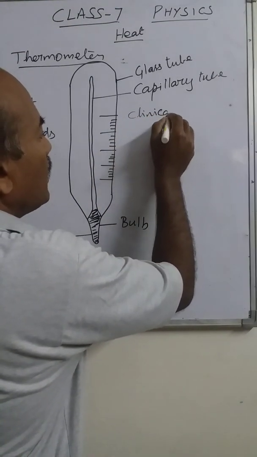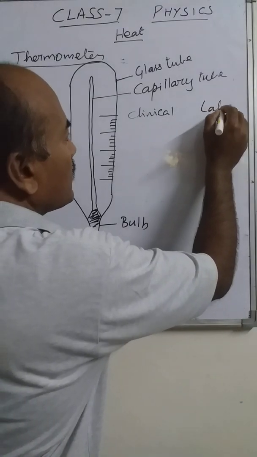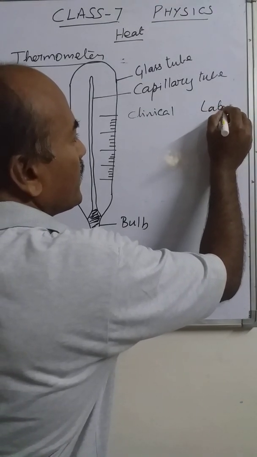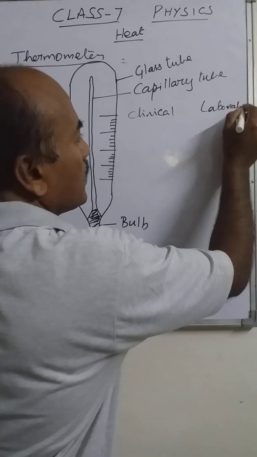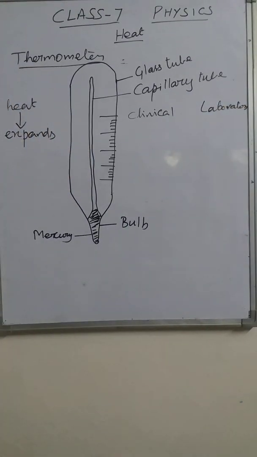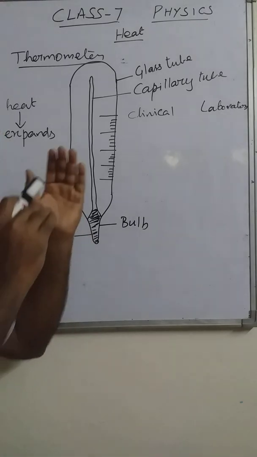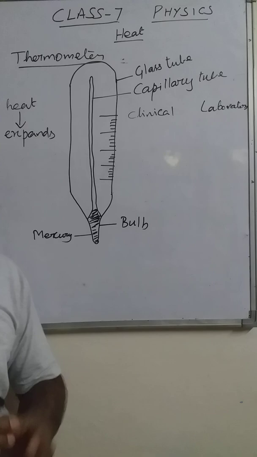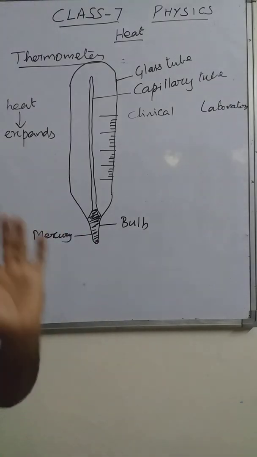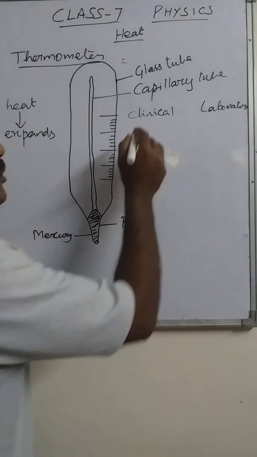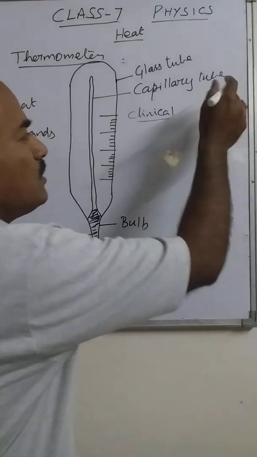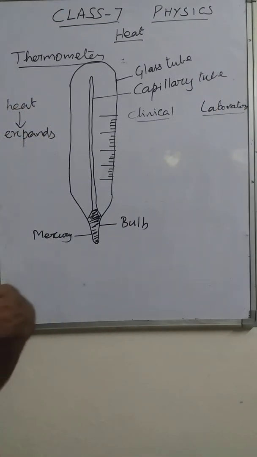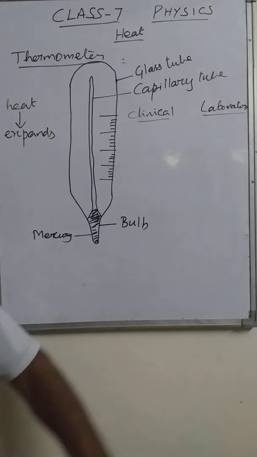Another one is the laboratory thermometer. Clinical, from the word we can find, this is the thermometer which is used by doctors to measure the temperature of the human body. The laboratory thermometer can be used to measure the temperature of anything, any object.